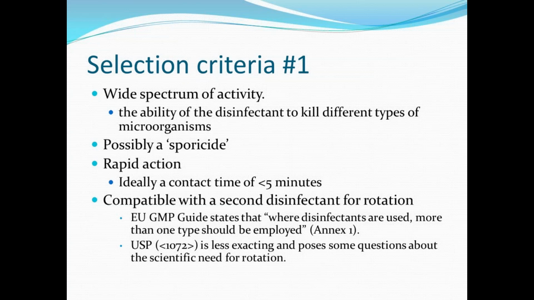We want the disinfectant to have as rapid an action as possible, and for killing of vegetative microorganisms, ideally we want to have contact times of no more than 5 minutes. Otherwise that poses practical problems in carrying out work and getting areas ready for work.